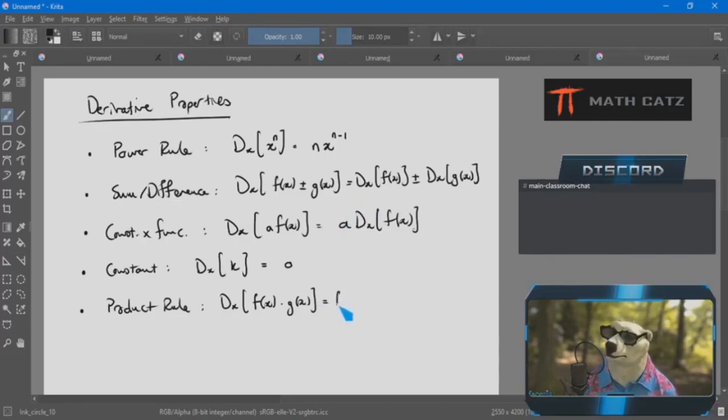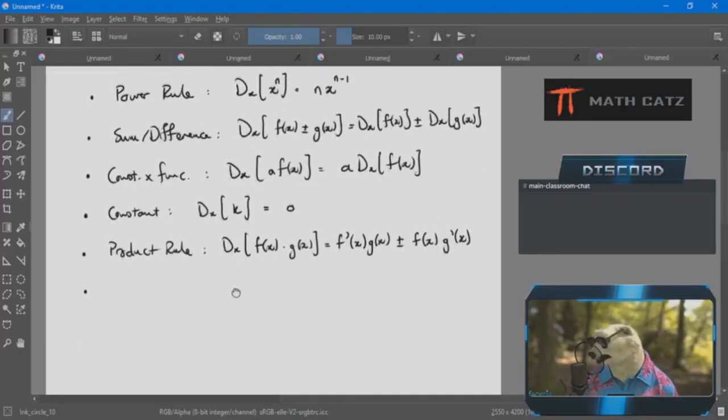It is going to be the derivative of the first times the second, and I'm mixing notations here because I can and it's convenient, plus the first times the derivative of the second. So not terrible, but certainly not the simplest it could be. It really comes out of the proof using the limit definition, and it just is what it is. And there's not much I can do about it.